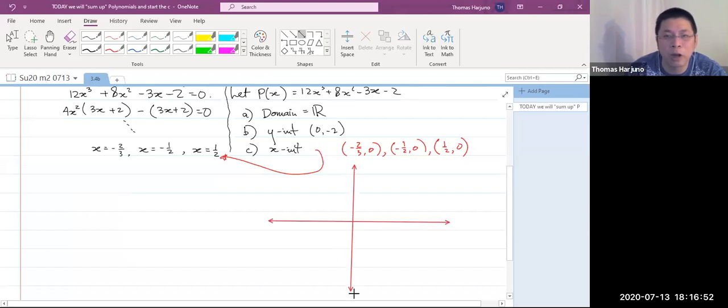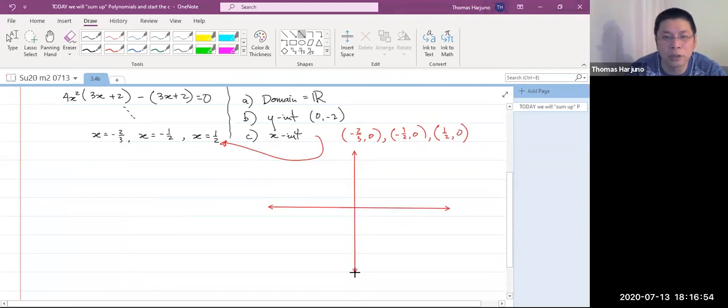When you sketch the graph, you don't need to sketch it to scale, but you need to denote the coordinates. For example, this x-intercept is 1/2, then -1/2, then -2/3. You don't need to make it to scale.